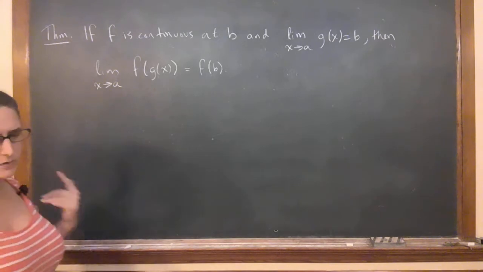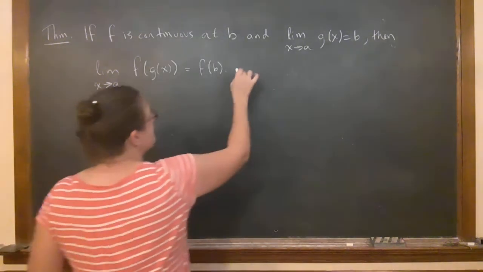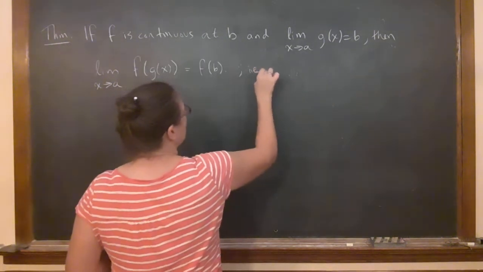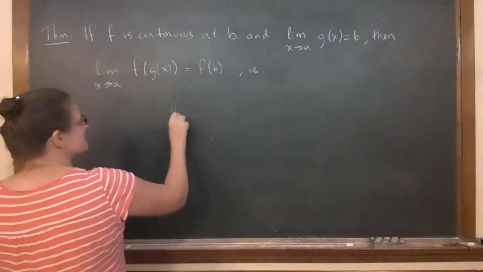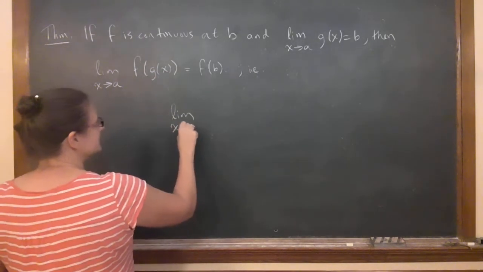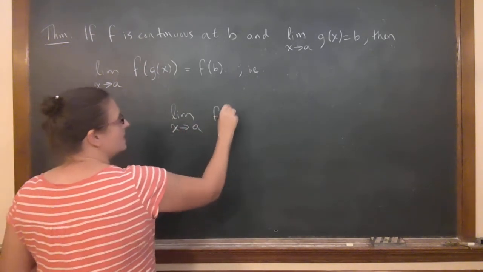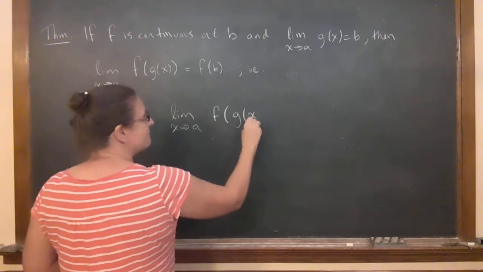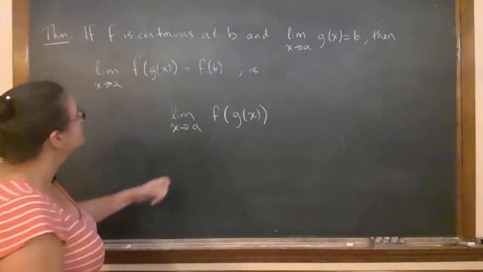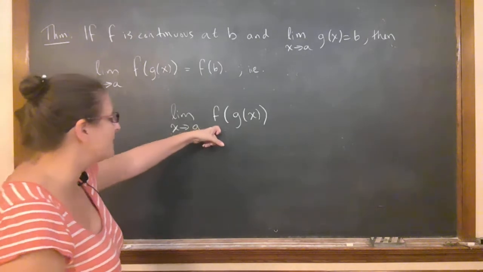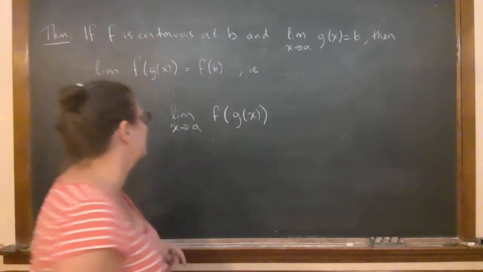That isn't very useful, as there are too many A's and B's for my taste. So the way I like to remember it is the limit as x goes to a of the composition f of g of x. Because f is a continuous function, I can pull the limit in.